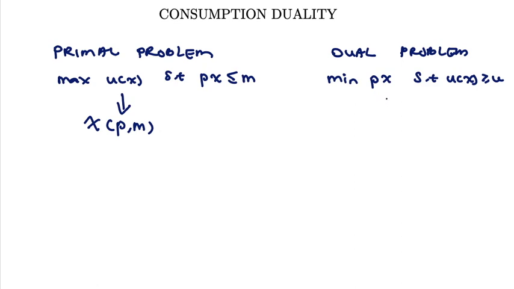When we try to solve dual problem, we can end up with Hicksian demand function, which is a function of price and fixed utility. The Marshallian demand function here is also known as uncompensated demand function. And therefore, Hicksian demand function here is known as compensated demand function.